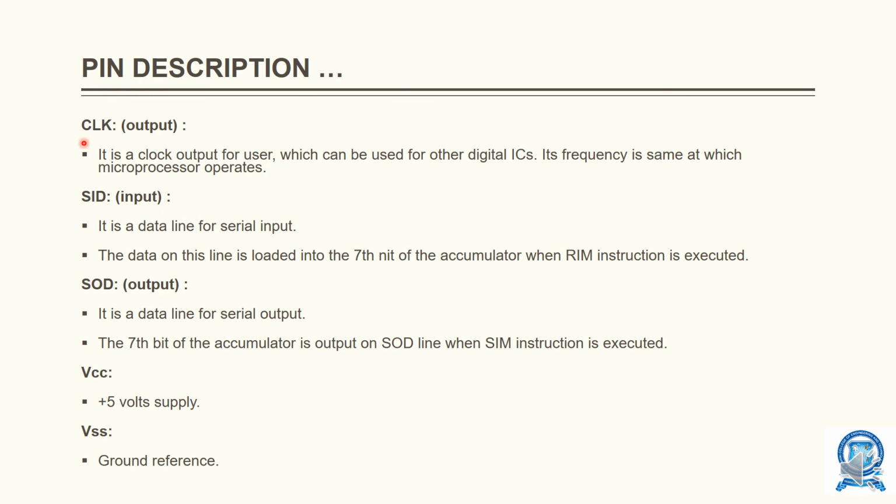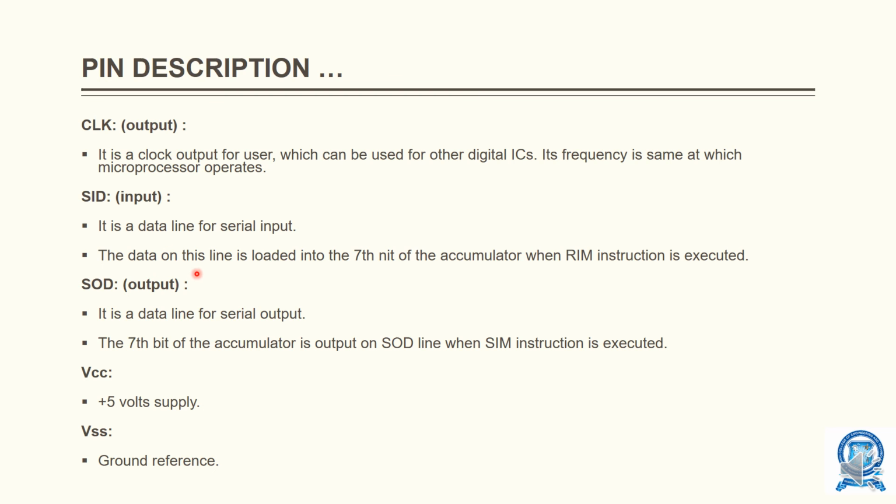So if you are connecting some peripheral device and you want to synchronize it with the processor, then you can use this clock out pin to connect it as a clock signal for that particular device.